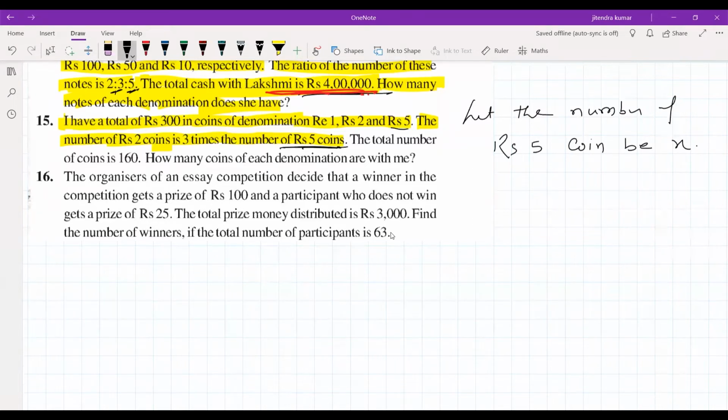If the number of rupees 5 coins is x, then as it says, the number of rupees 2 coins is 3 times of it. So the number of rupees 2 coins will be how much? Rupees 2 coins will be... You are not audible actually.